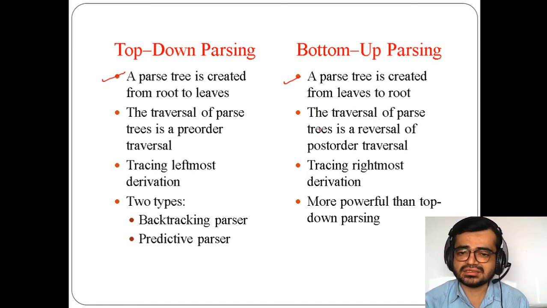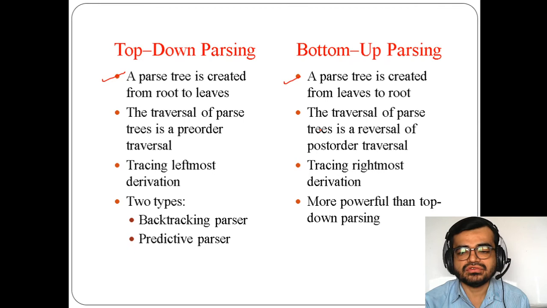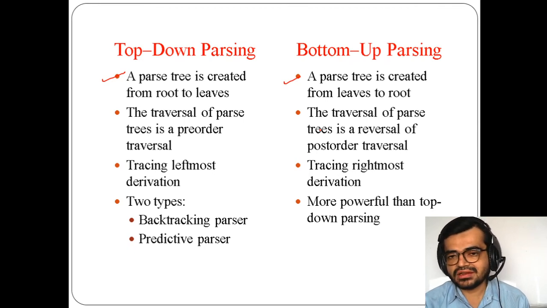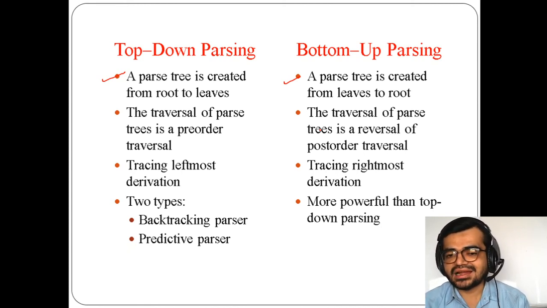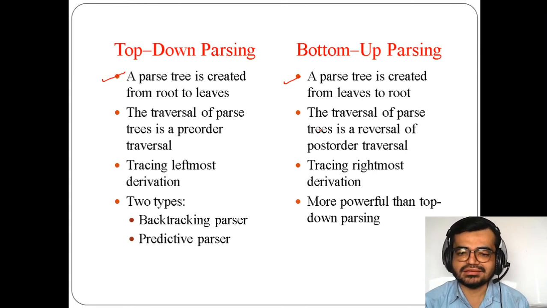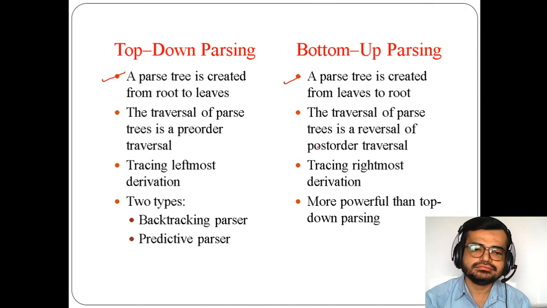It is because you actually want to retrieve the start symbol from the given set of strings. The given string is your leaves, and using those leaves you go in the reverse direction towards the root node, the start symbol, and if you get the start symbol, then you can say that the given parse tree is a valid one.